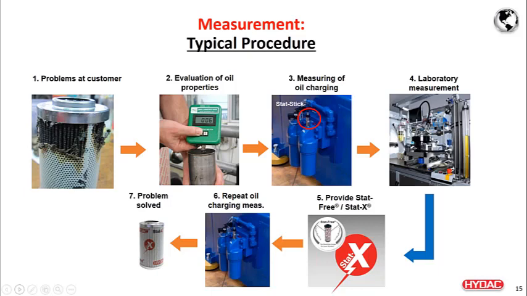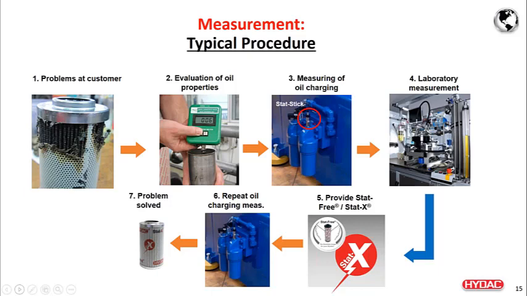Once we know the conductivity of the oil, then we discuss how much charge is being generated. We can either do the charge measurement at the site, or take the oil into our lab and see how much charge is being generated with the same application.